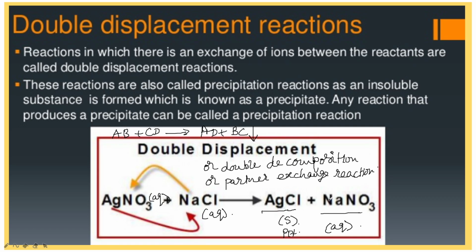In this reaction, the ions react very fast and the precipitate forms immediately. When you pour it, you immediately find the precipitate as a product. Let's discuss a few more examples.